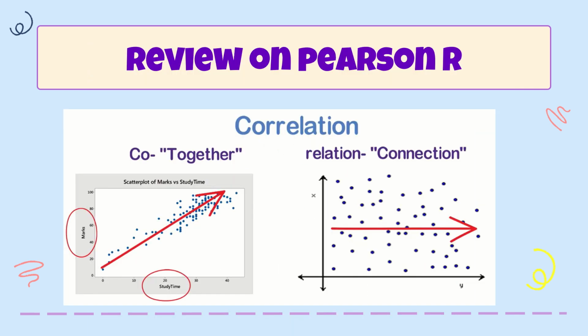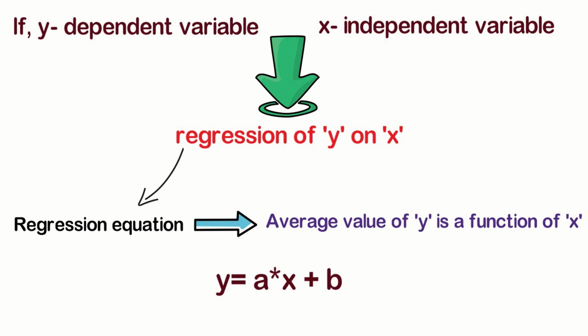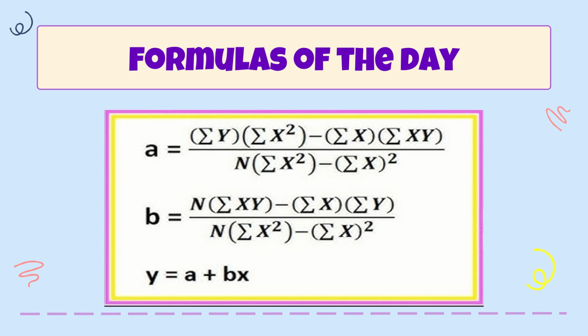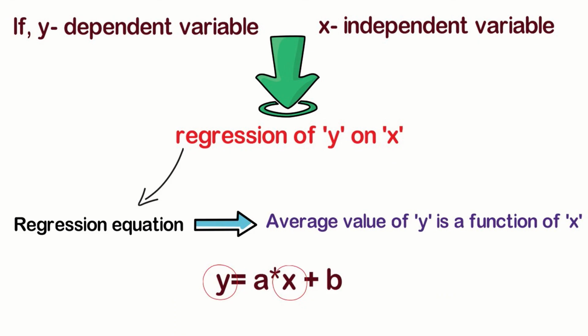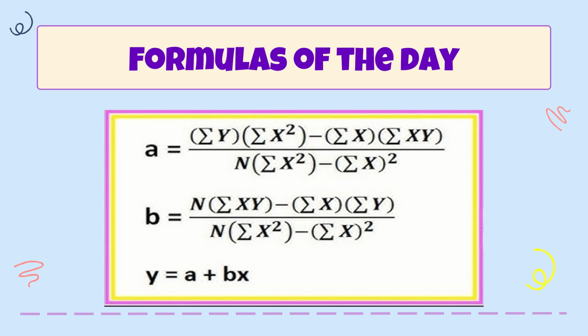This time we'll be using a and b. Take note on that. With that, we will be using this formula. What is a? In this case, we'll be using b as the slope and a as the value of the intercept.